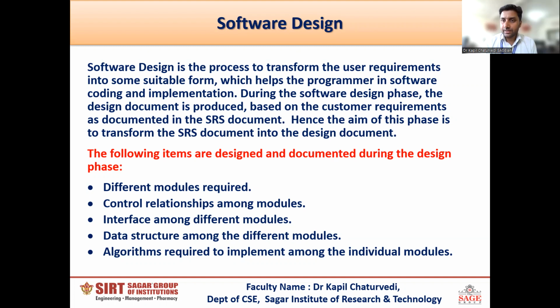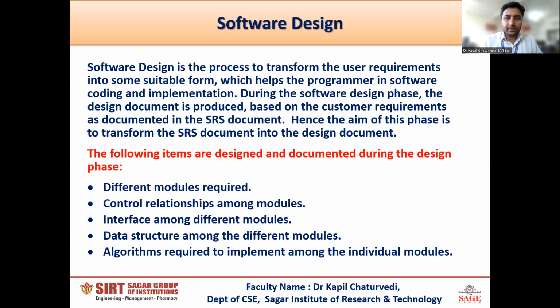As we discussed, the SRS is the software requirement specification, which is a matrix or tabular format of the requirements of the customer. On the basis of the customer's requirements, we have to make a proper design, show that design to the customer, and get approval from the customer side. Then we will start our coding.